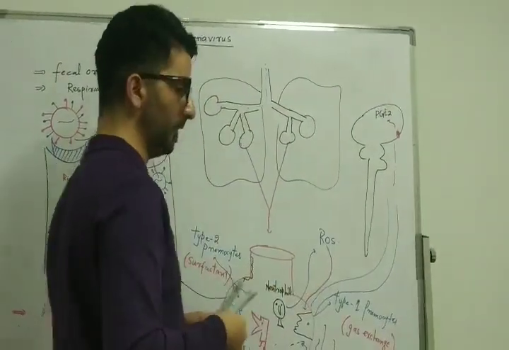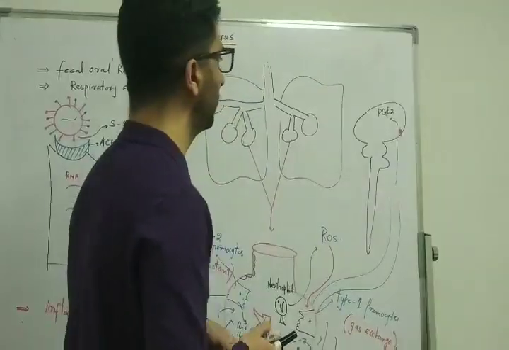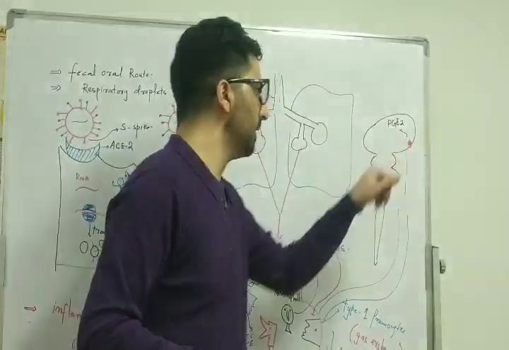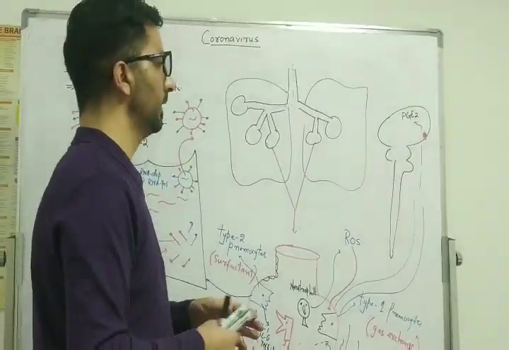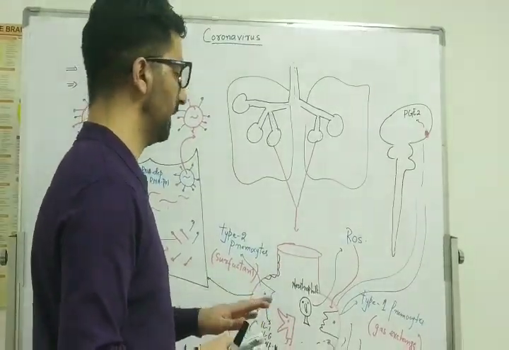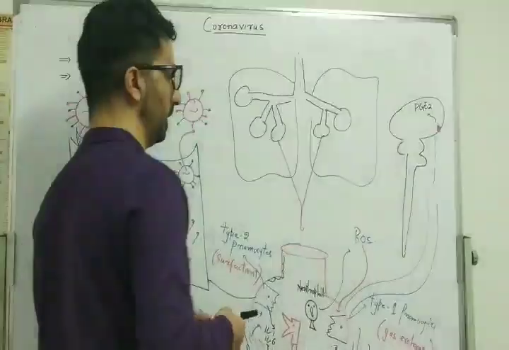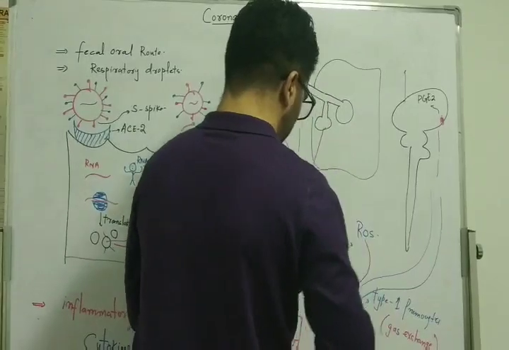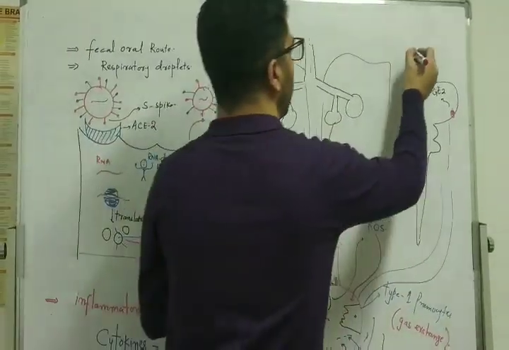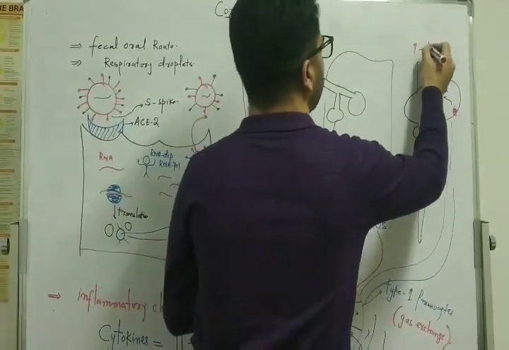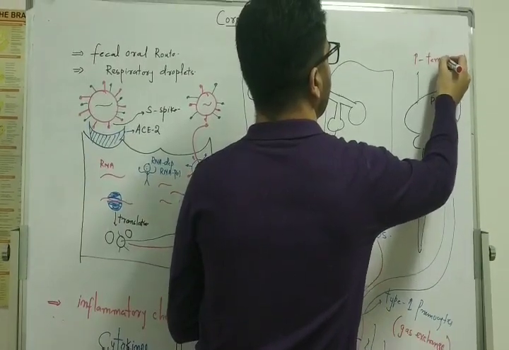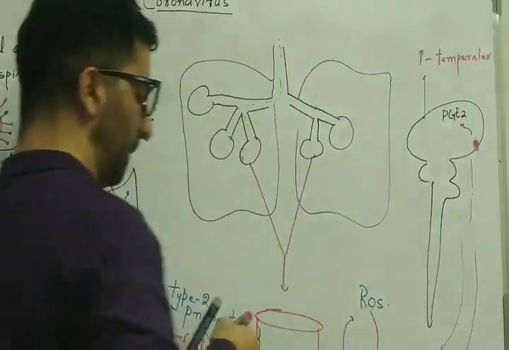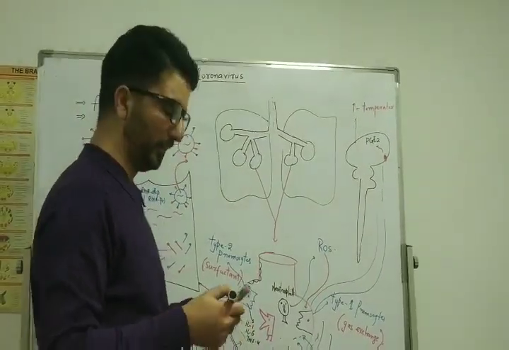Prostaglandin E2 is a pyrogen. It helps increase the temperature. When it is released, the thermostat setting is disturbed. When it is disturbed, there is an increase in temperature. When there is an increase in temperature, we call it a fever.